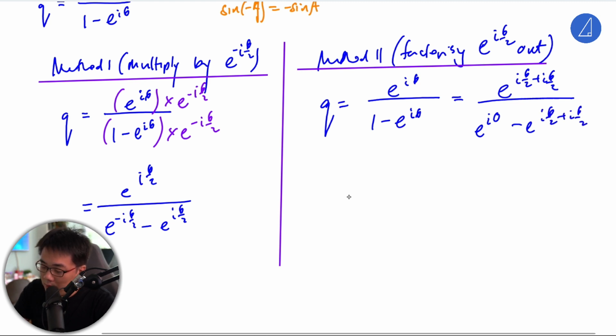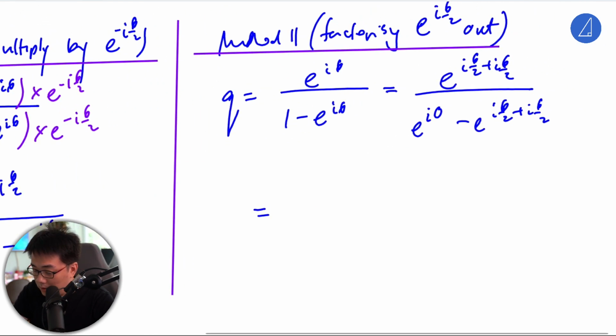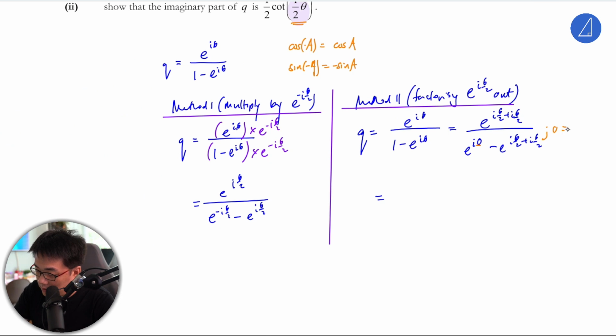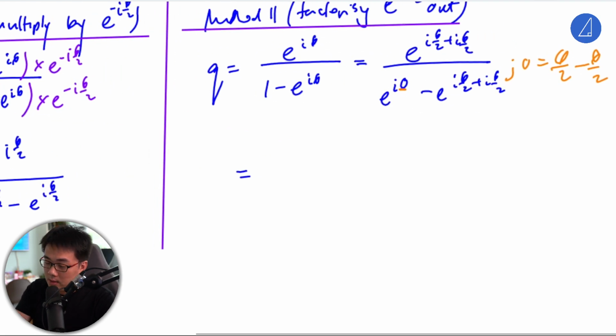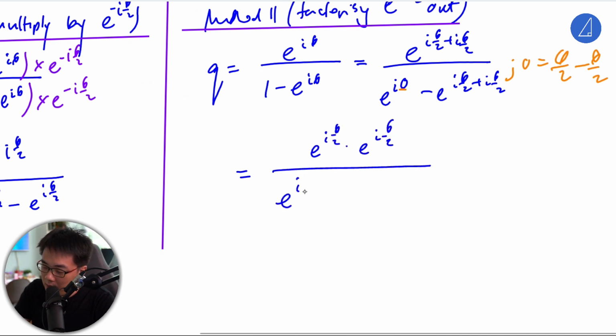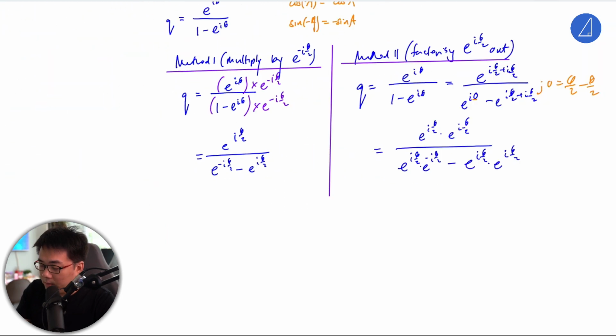Make sure you understand that 0 can also be written as theta over 2 minus theta over 2, a zero pair. Then what we get is e to the i theta over 2 times e to the i minus theta over 2. So this would also work.